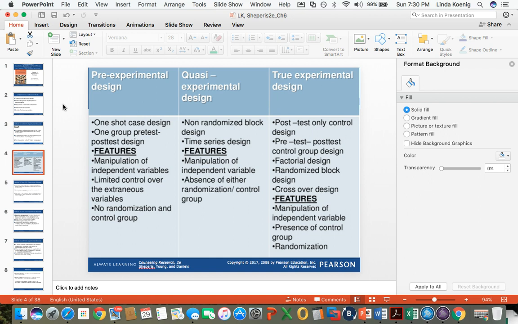So as we talk about this, if you look to your far left, pre-experimental design is the weakest form of research. In the middle, we have quasi-experimental. We have a little bit stronger research, but it's still not as strong as a true experimental design where we are controlling most of the factors that are going into that. So we're going to look at different specific types that fall under these particular three groups.